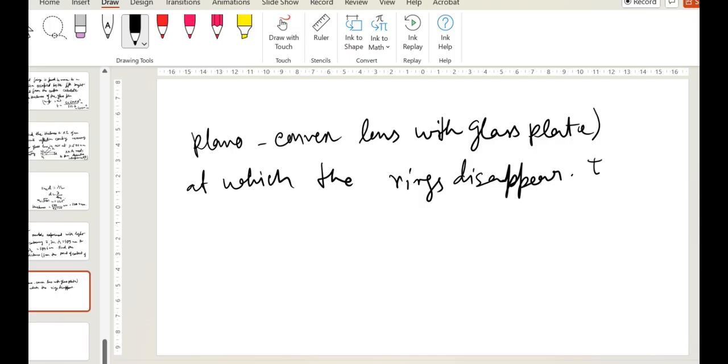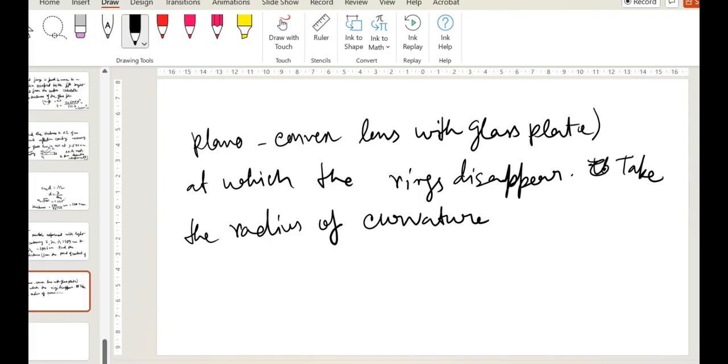Take the radius of curvature of the curved surface as 1 meter.